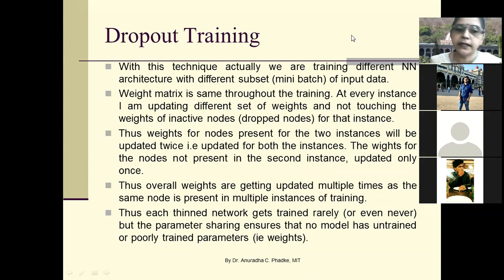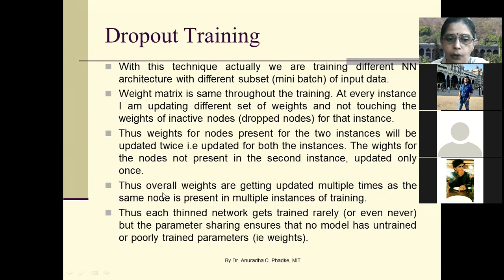The weights for nodes present in two instances will be updated twice. There is a possibility that some of the nodes are retained for multiple instances, because the dropping out is done randomly. So there are certain nodes which are present for multiple instances.